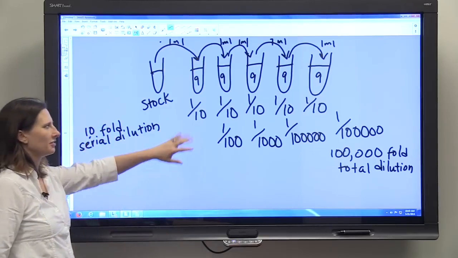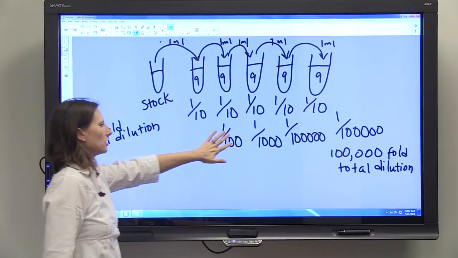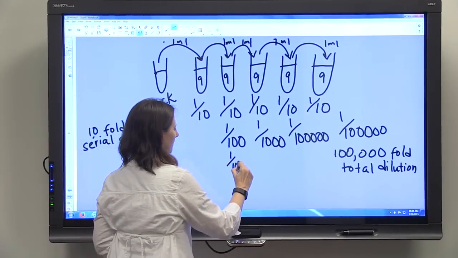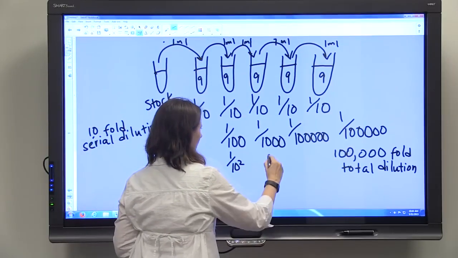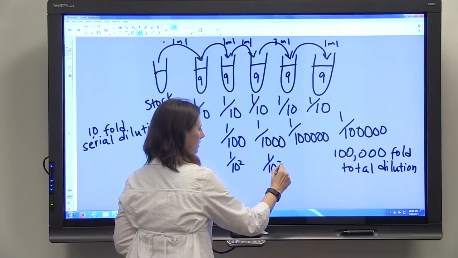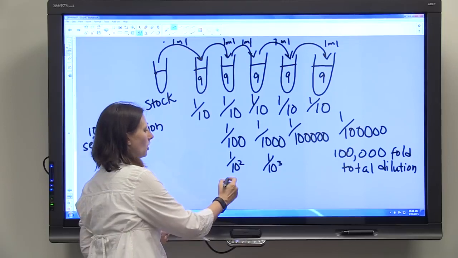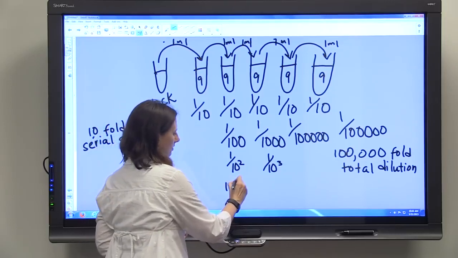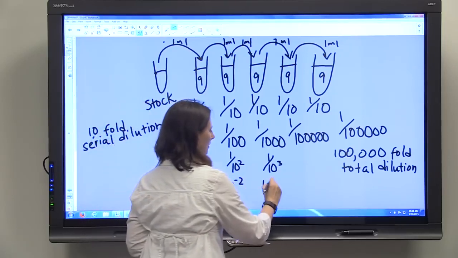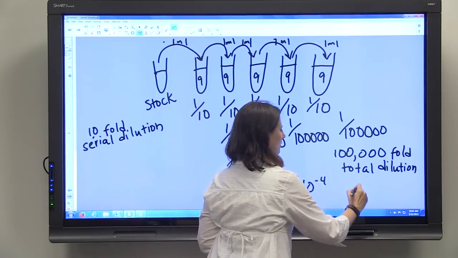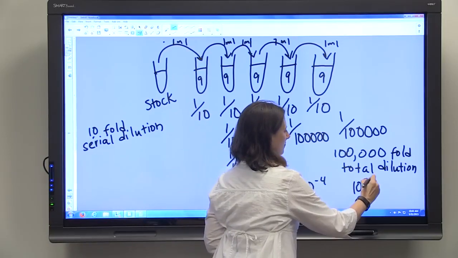And just for the sake of looking at these numbers, you can also always express this using scientific notation as 1 out of 10 to the second, 1 out of 10 to the third, or this is just 10 to the minus 2, 10 to the minus 3, 10 to the minus 4, and 10 to the minus 5.